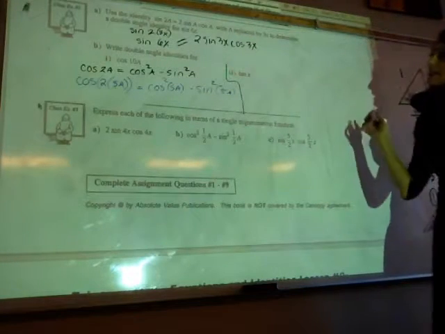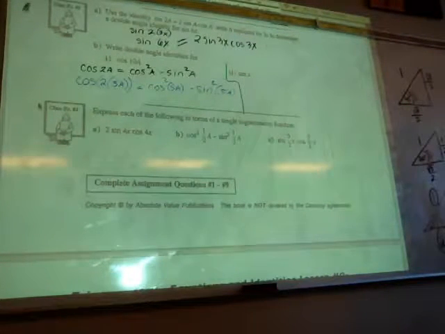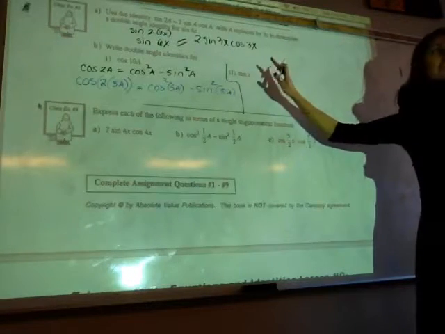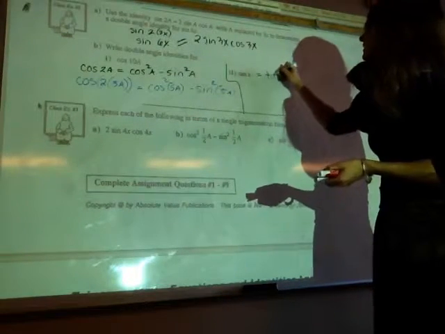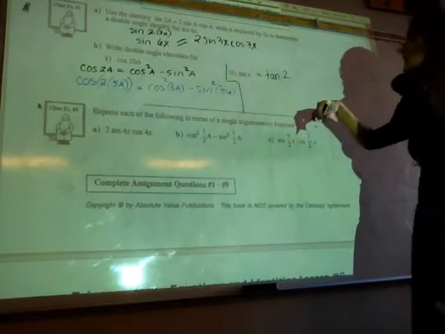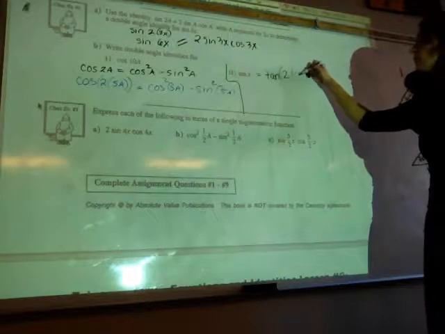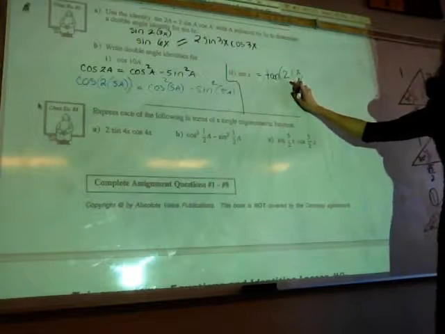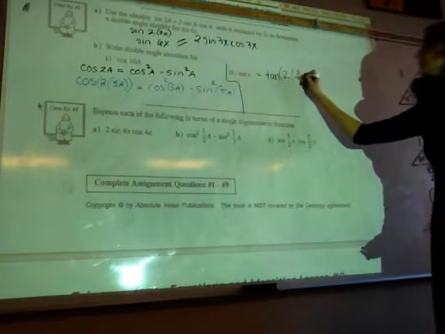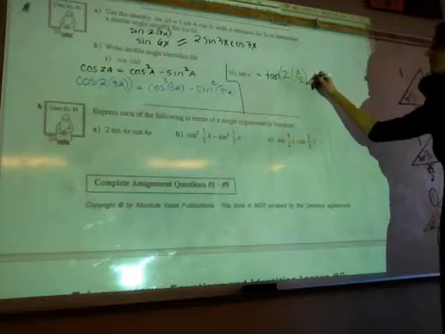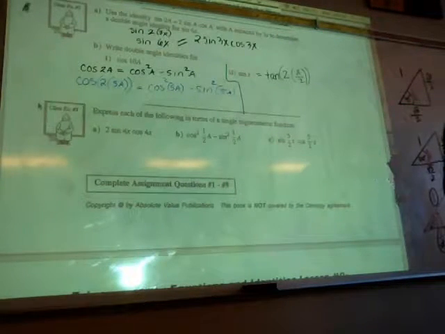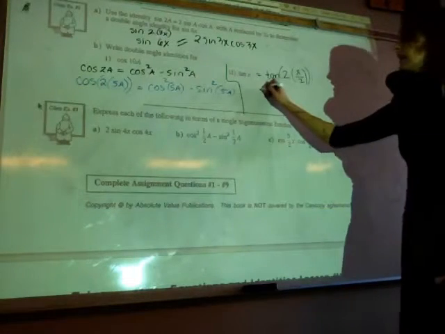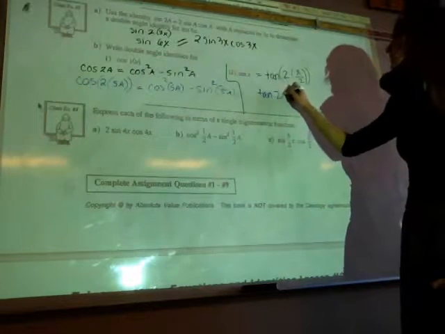Okay, next little bit, tan x. We need to write that as a double angle identity. We don't have a 2, so we need to make a 2. If I just magically put a 2 out front, what do I have to do to that x? If I'm multiplying by 2, to undo that, I need to divide by 2. I'll just remind you guys of the double angle identity for tan. Might have to remind myself as well.